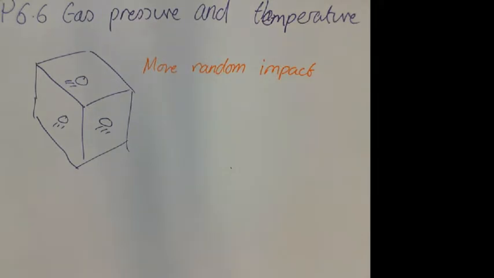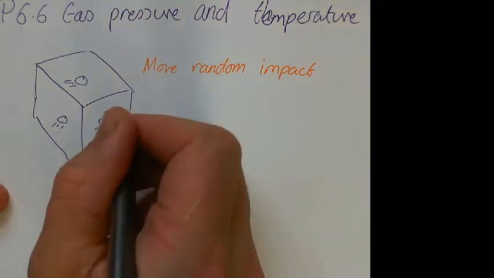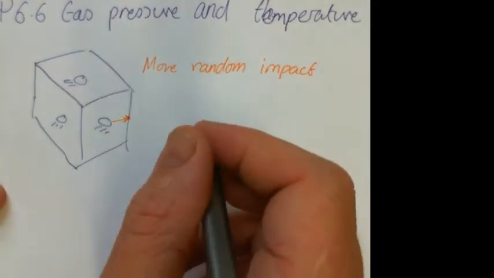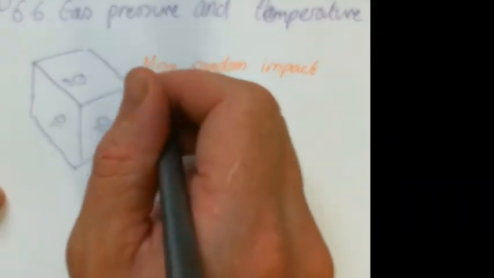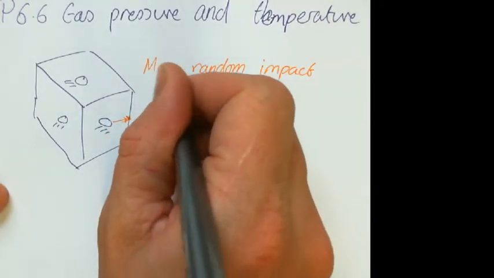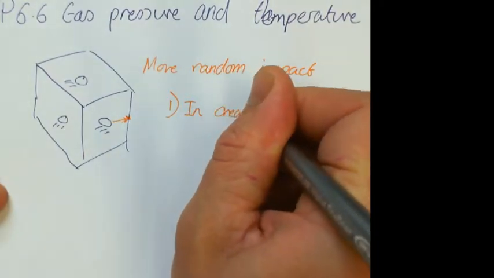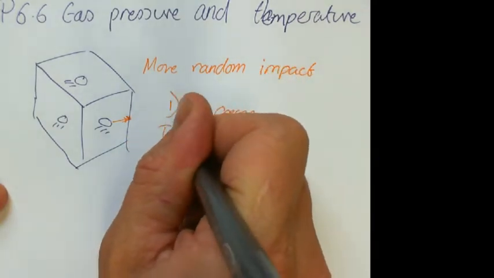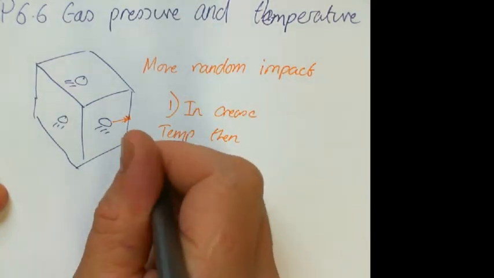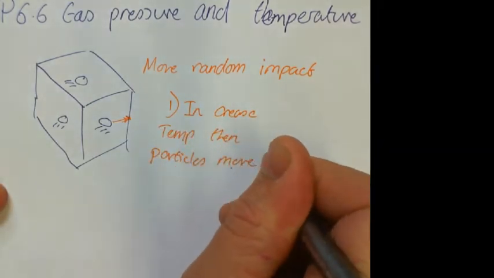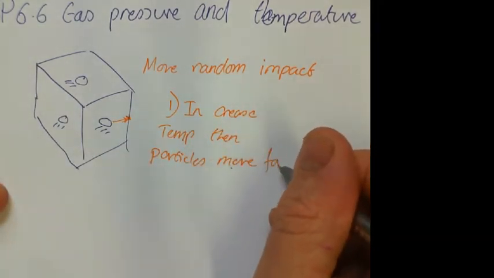The reason that's important is because the pressure on this box is caused by these particles hitting it. So things you can do to increase that pressure: one, if you increase temperature, then particles move faster.